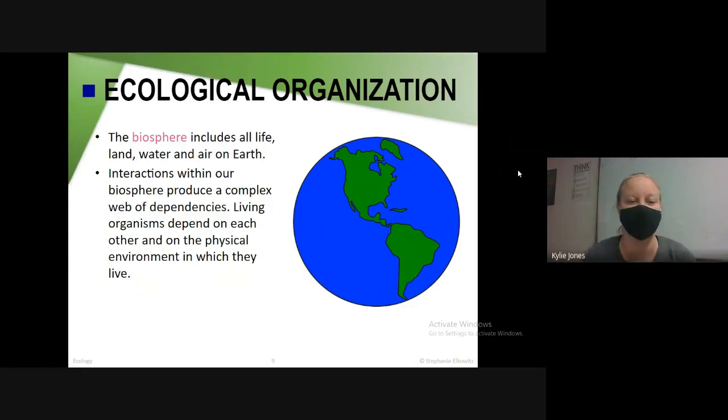Okay, so the interactions within our biosphere produce a complex web of dependencies. Living organisms depend on each other and on the physical environment in which they live. So as an Earth, everything needs each other to survive pretty much. Like everything relies on something else in order to stay alive. Like animals need water and food, humans need water and food, plants need the sun and water.